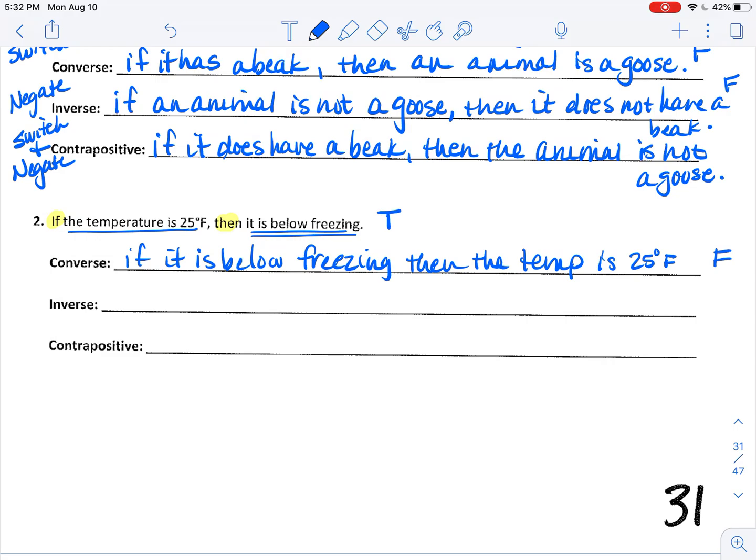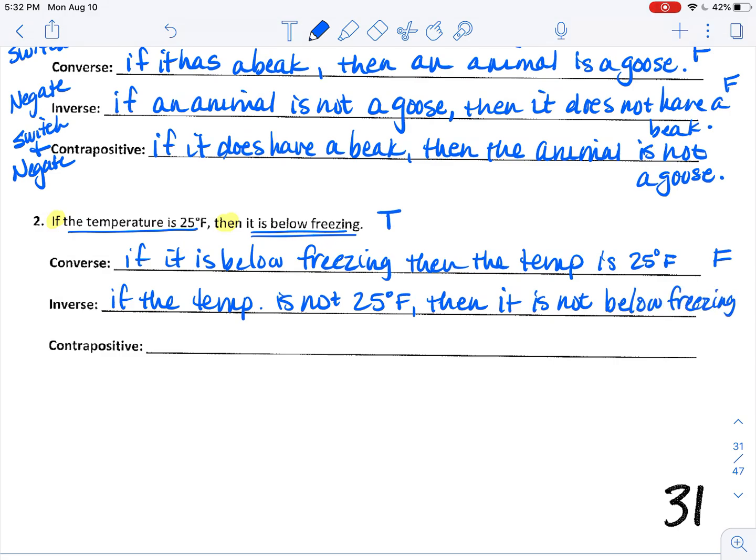There's lots of degrees that are below freezing that aren't 25. Okay, for the inverse, we're going to negate. Go back to the conditional and add not. If the temperature is not 25 degrees, then it is not below freezing. Again, there are lots of degrees that are below freezing. It doesn't have to be 25 degrees.